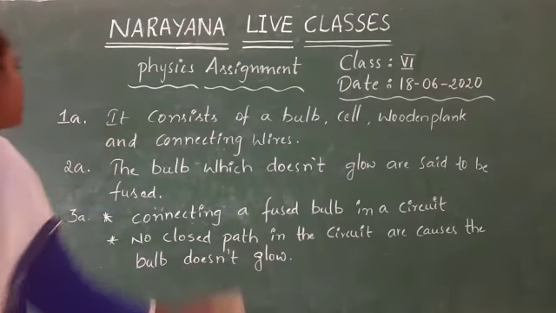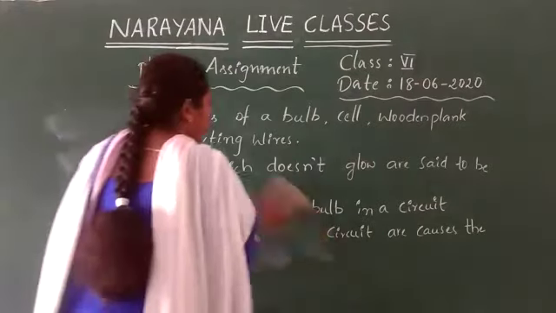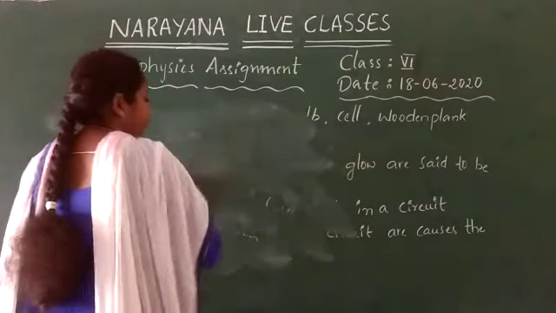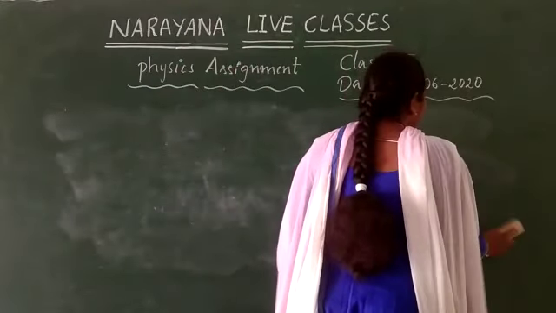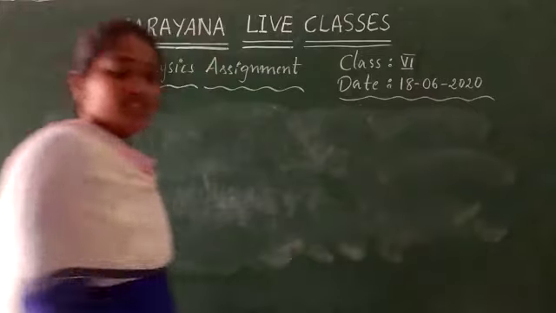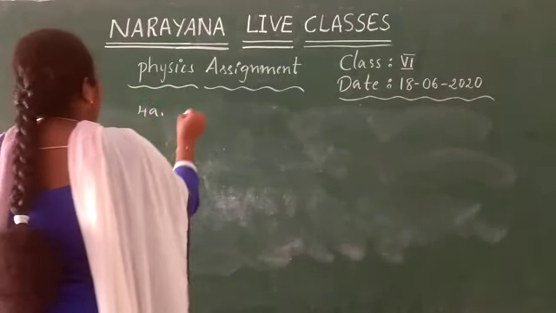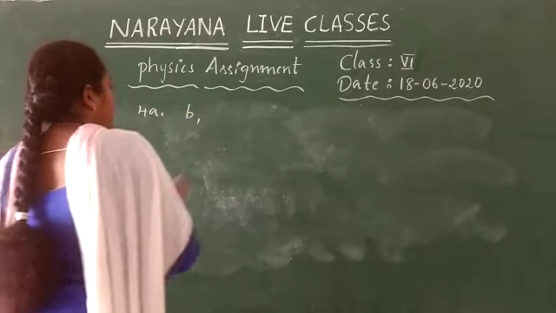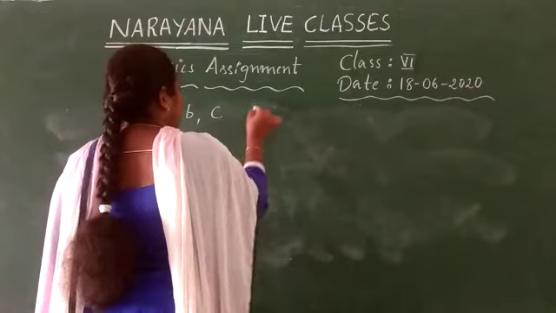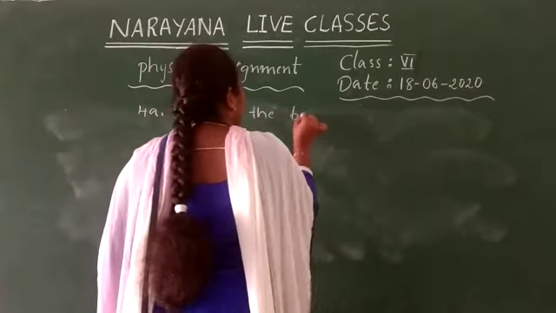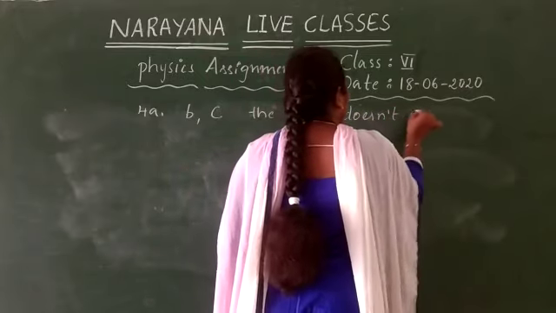And the fourth question, in this fourth question, we have four pictures. In pictures B and C, if we observe keenly, the bulb doesn't glow.